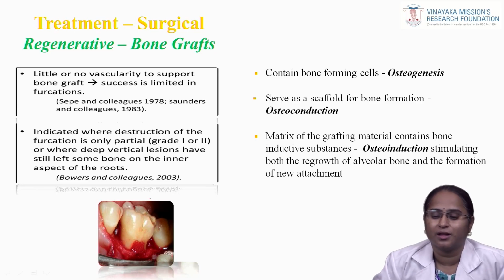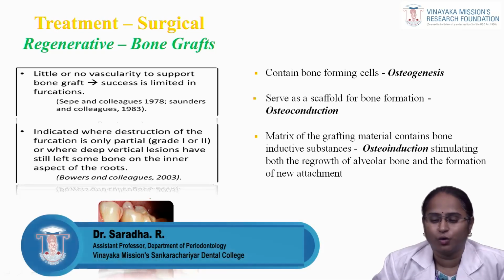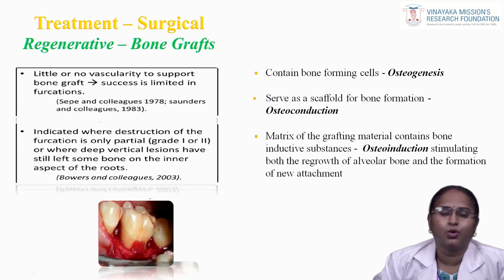Osteoinduction is where the matrix of the grafting material contains inductive substances which stimulate the bone for regrowth of the alveolar bone and formation of new attachment. There is little or no vascularity to support bone grafts, so success is limited in furcations. They are indicated where destruction of the furcation is only partial or where there are deep vertical lesions.